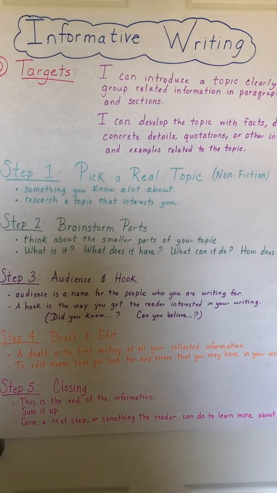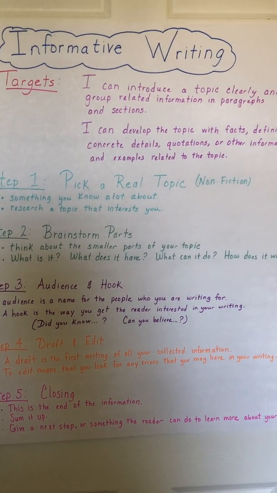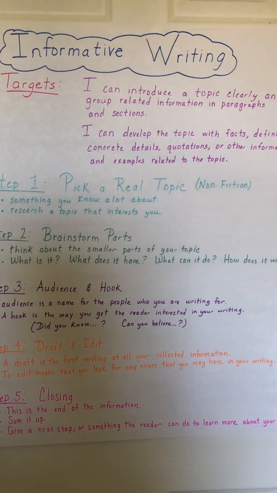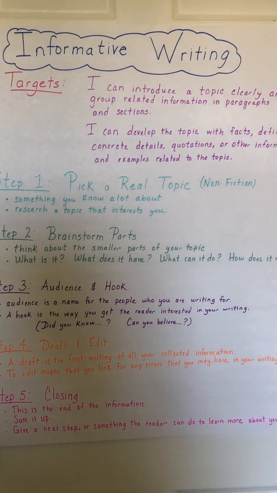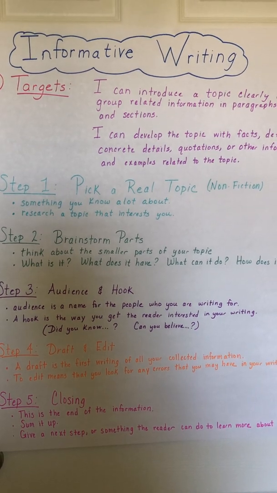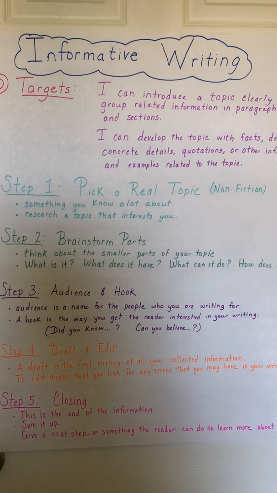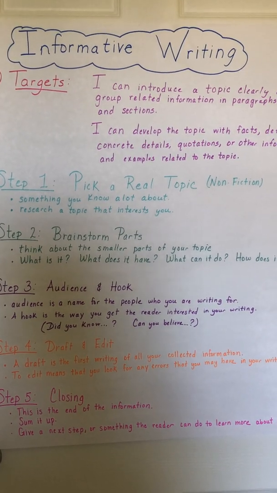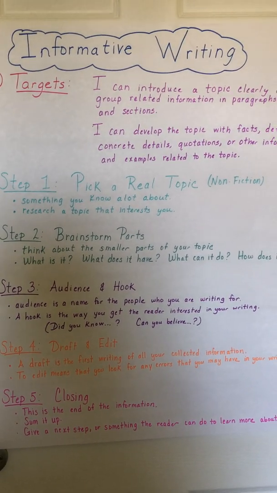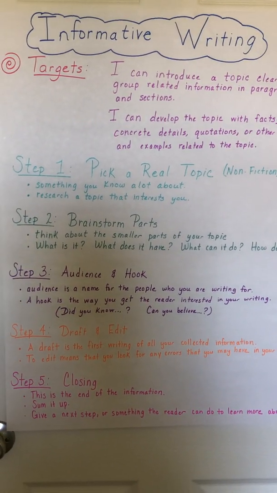Then if you don't know as much about it, you can do some research on it, but make sure you pick something that interests you, because if you pick something that doesn't really interest you, you're not going to be excited about researching it and wanting to learn more. So pick something that interests you. Okay, so that's step 1, picking the topic, doing a little bit of research to figure out what it is I want to write about.